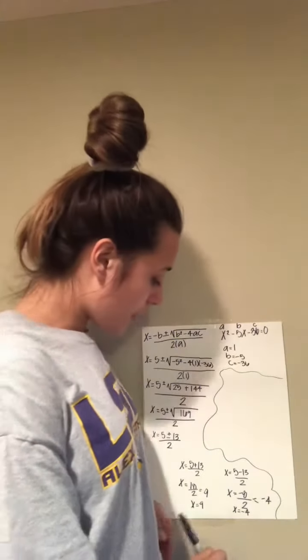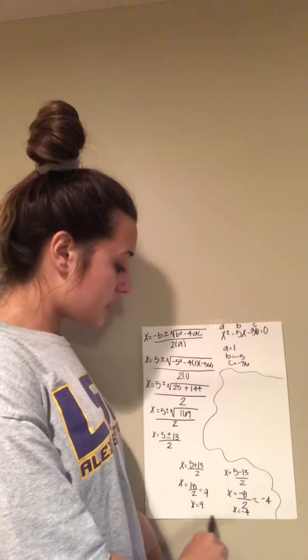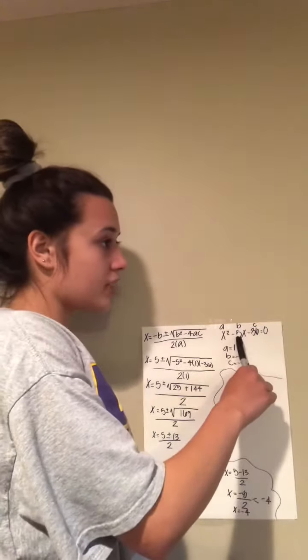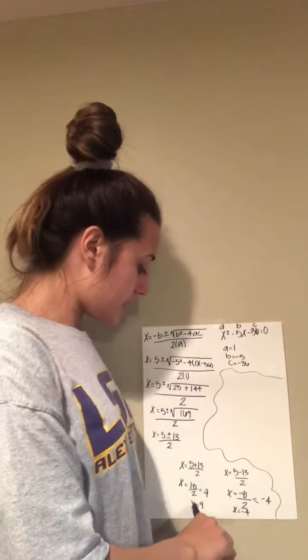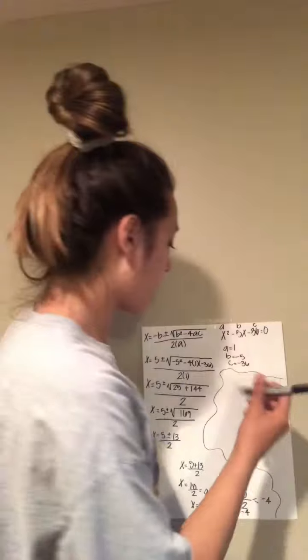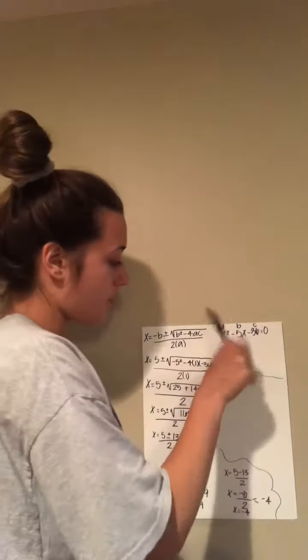So once you've found your x values, which are 9 and negative 4, you need to individually plug them back into the equation to make sure that they equal 0. So let's test x equals 9. So what this means is that you're going to put 9 wherever x is.